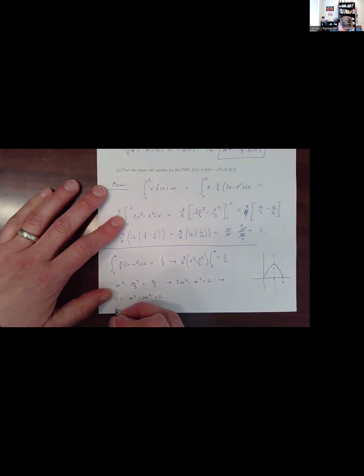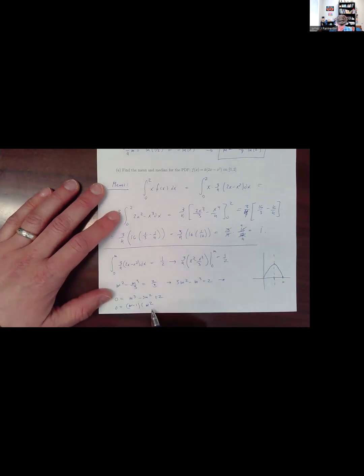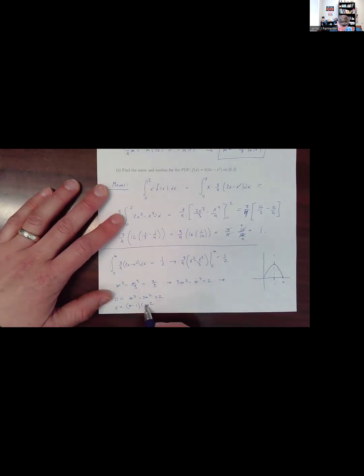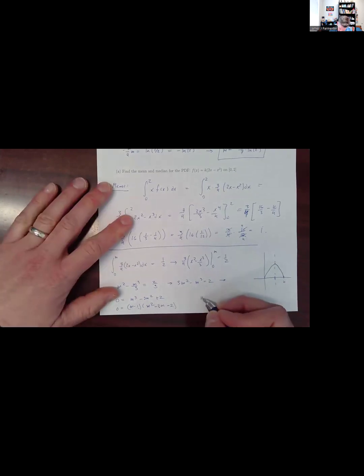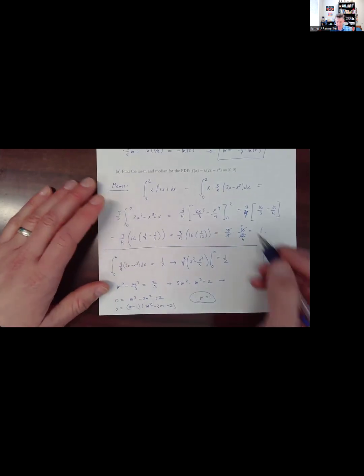So this does factor as m minus 1 times m squared minus 2m minus 2. This doesn't have any other nice solutions. So m equals 1, which is the same as the mean, which isn't always true, but it is true when you have symmetry like this.